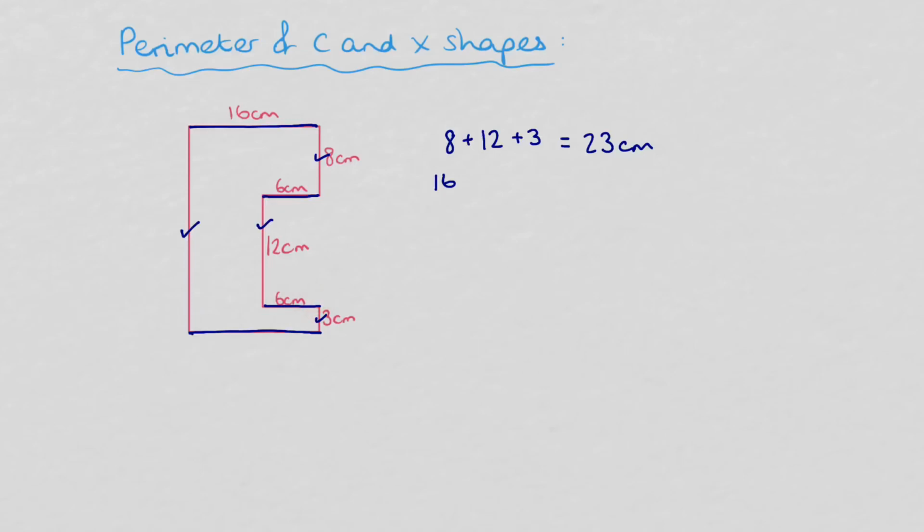That makes 12. And we've got another 16 at the bottom there. So 16 add 12 is 28. Add 16 is 44. So altogether, we've got 67 centimetres for the perimeter of this shape.